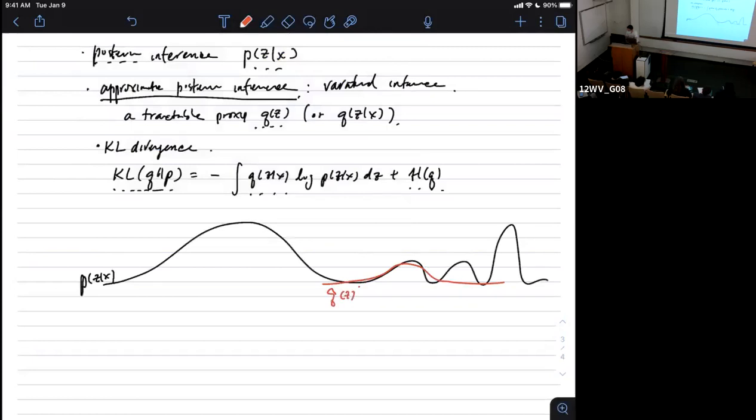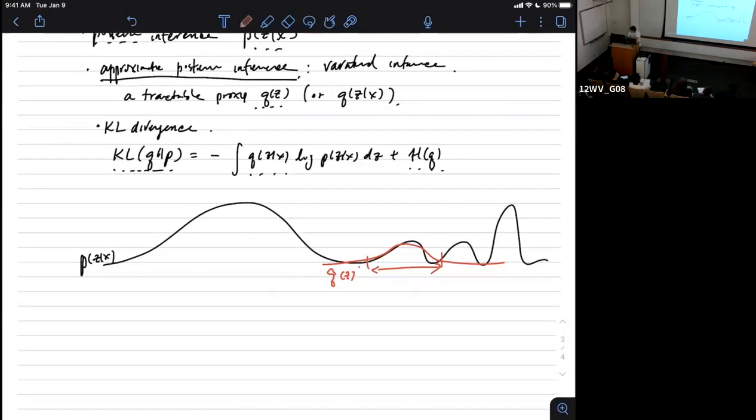It has some small subset over which Z gets a high probability density according to this Q, and under this small subset we want the Z's to receive a high probability under the true posterior distribution. Why does it fit like this? Because of the second term, the volume has to be large. But if it's too big, then this part penalizes it, because under the true posterior the Z doesn't receive high enough probability.